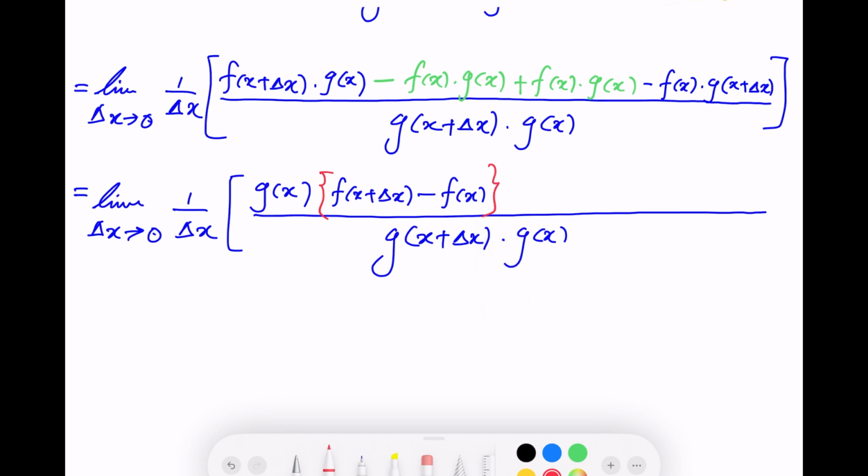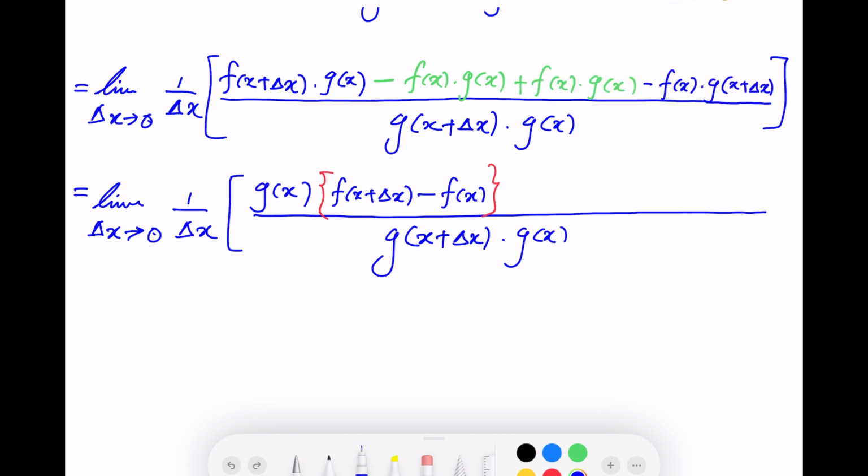And now I need to focus on these next two terms. From those next two terms, I have an f of x as a common factor, which can be factored out. However, right here in the middle, there is a plus sign. Instead of that plus sign, I'm going to factor out a minus f of x.